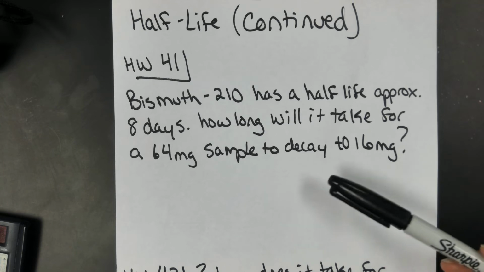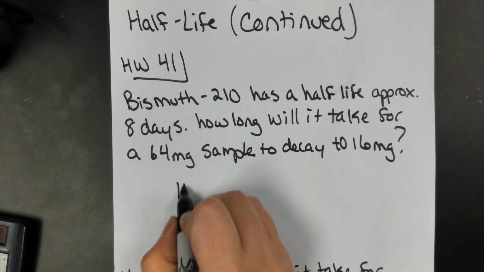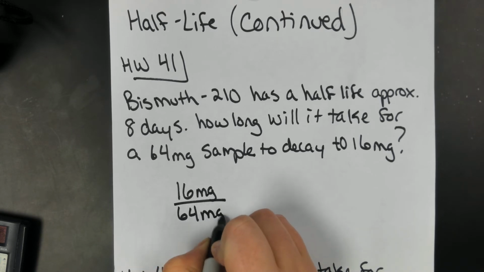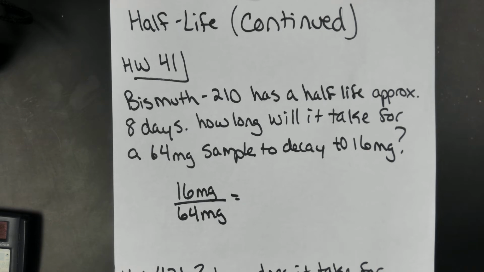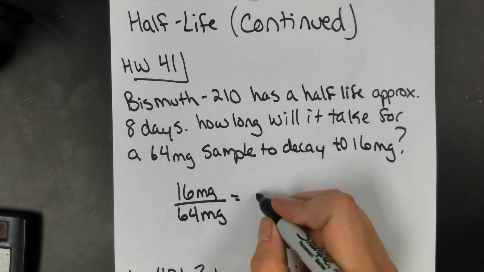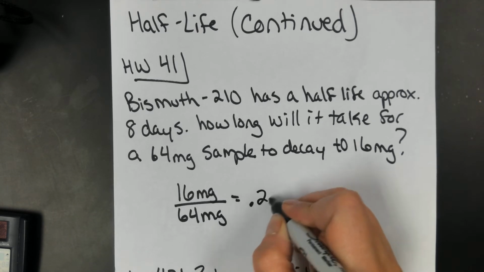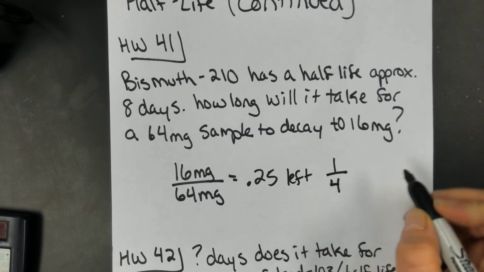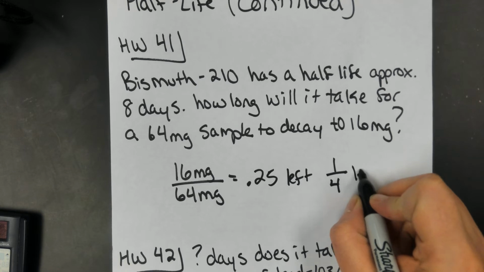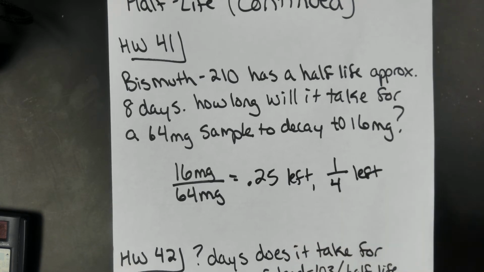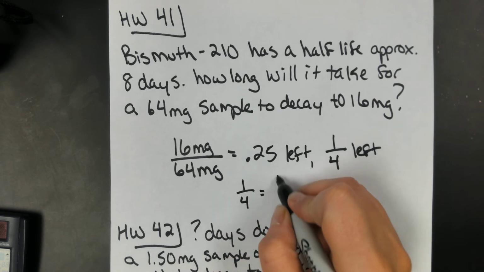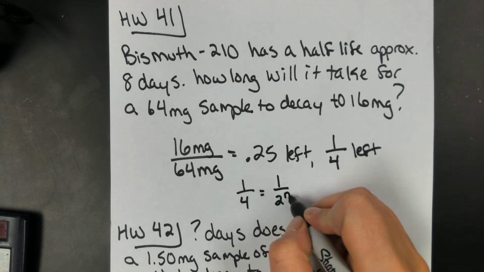16 is left. We started off with 64. If I divide those two, 16 divided by 64, we are at 0.25 left, or you could view it as 1 over 4, a fourth of the original. So 1 over 4 is equal to 1 over 2 to the power of n.